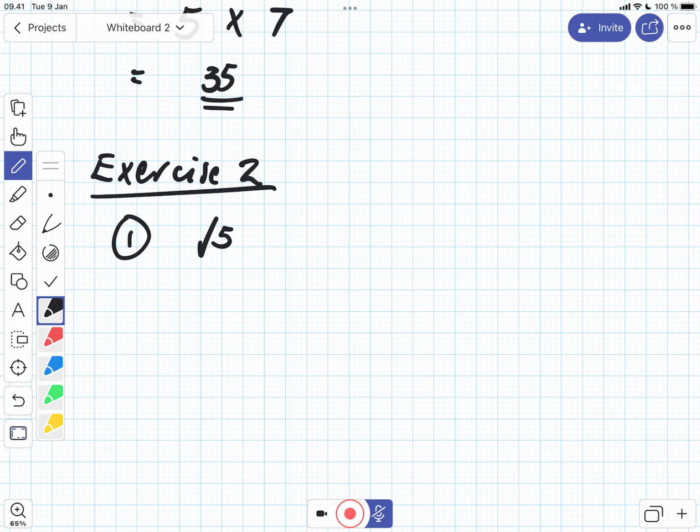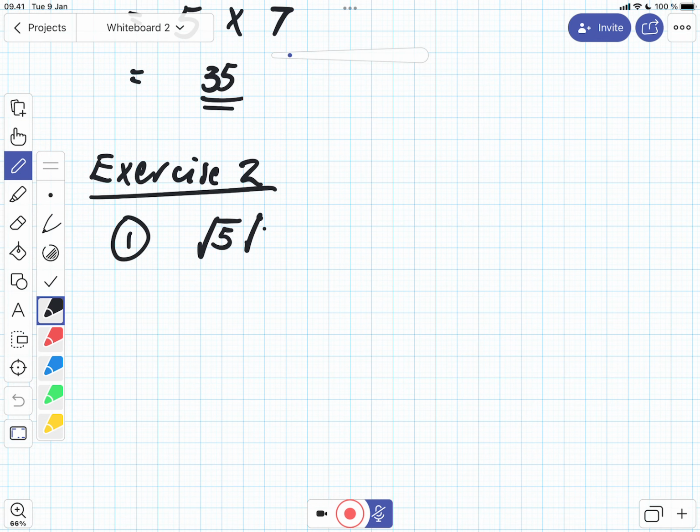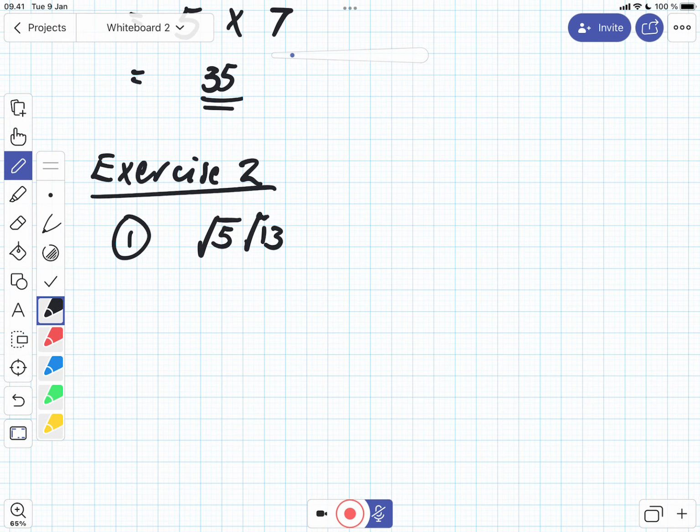Okay, so the square root of 5 times the square root of 13 is the square root of 5 times 13 in a single square root. 5 times 13 is 65, so that's the same as the square root of 65.